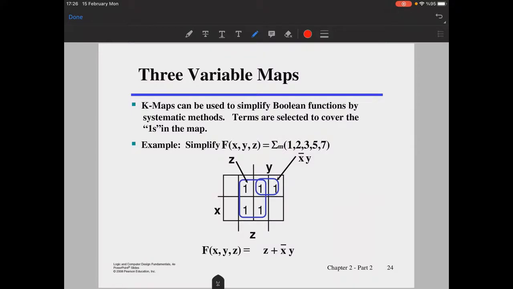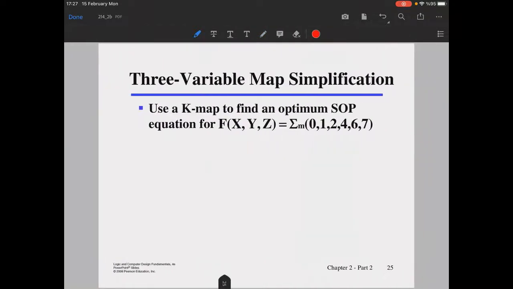This is your largest square possible for covering all those ones, so it would be your z. And this smaller one, it's not possible to cover this one in a larger manner, so that's it. And this one would be x naught y. This is how we use the K-maps for simplification.